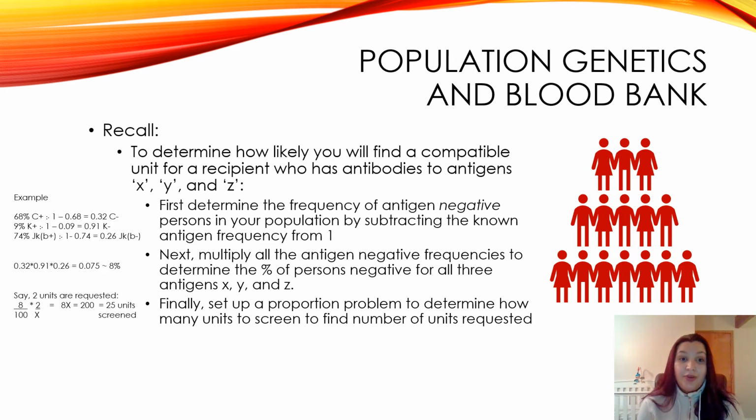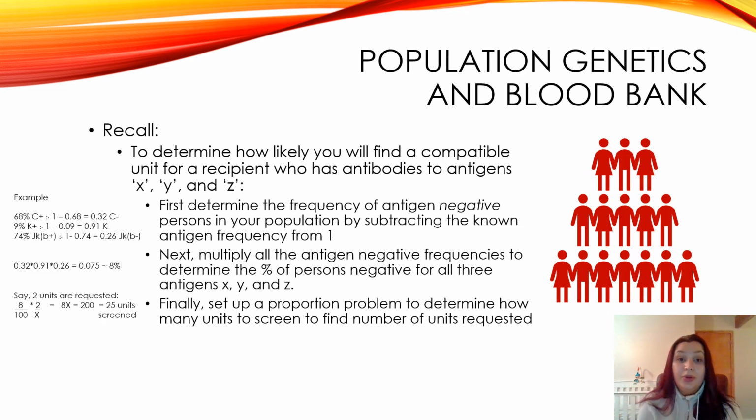So just a quick review for the final exam and the BOC. How would you know how many products to screen to find a compatible unit? Say we have a recipient who's immunized to antigens Z, Y, and X. First, we're going to determine the frequency of the antigen negative persons in the population by subtracting the known antigen frequency from 1.